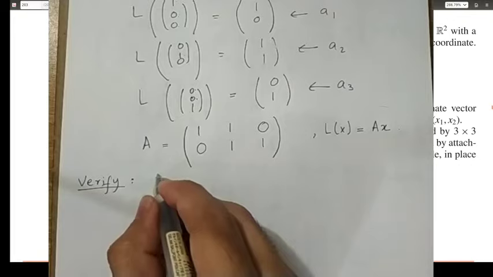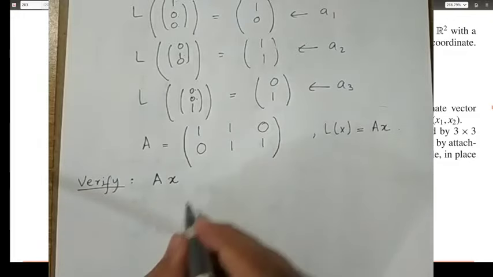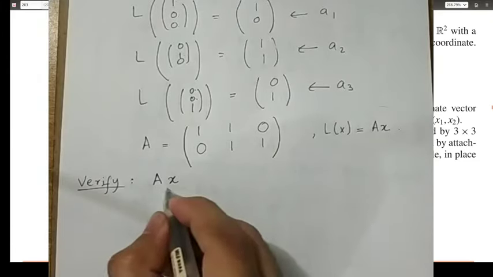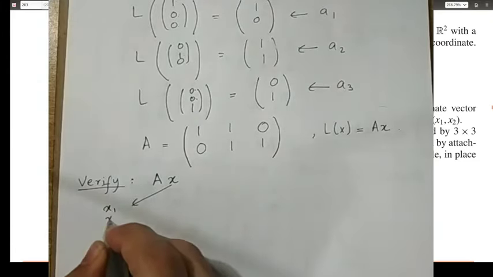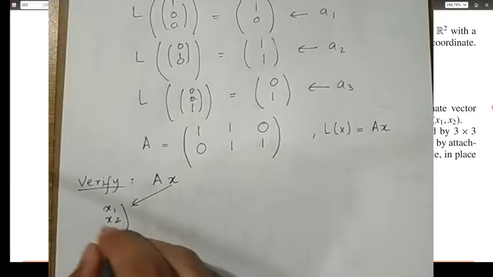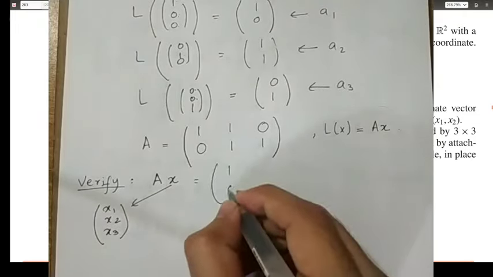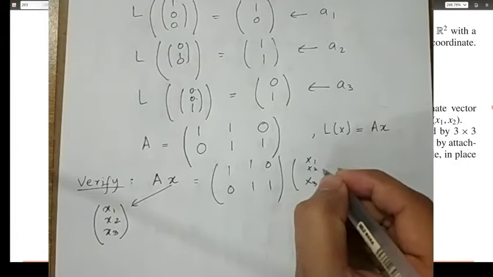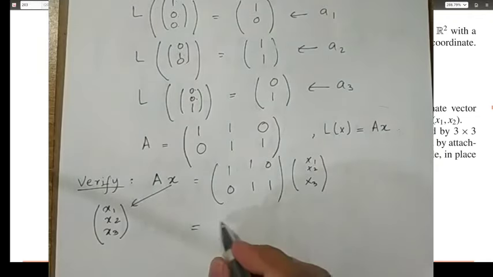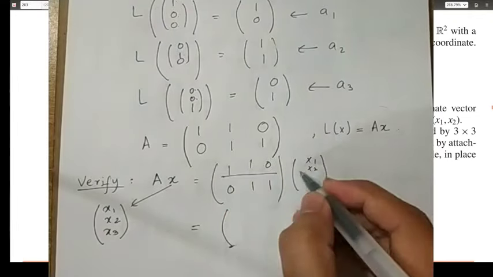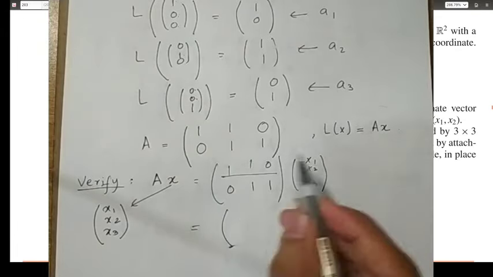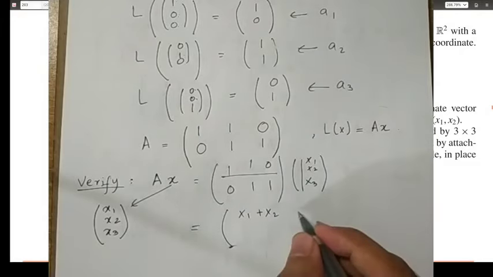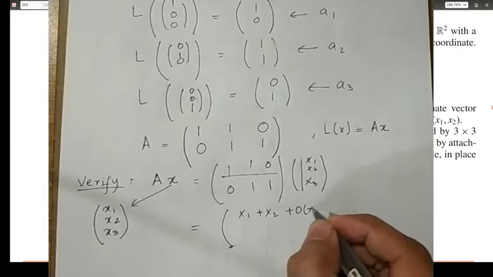So if I multiply A with x, where x is simply x1, x2, and x3, if I multiply the matrix with rows 1, 1, 0 and 0, 1, 1 to x1, x2, x3, what do we get? The first row multiplied by this column gives 1 times x1, so x1 plus x2 plus 0 times x3, which I don't need to write, but we can still write this.